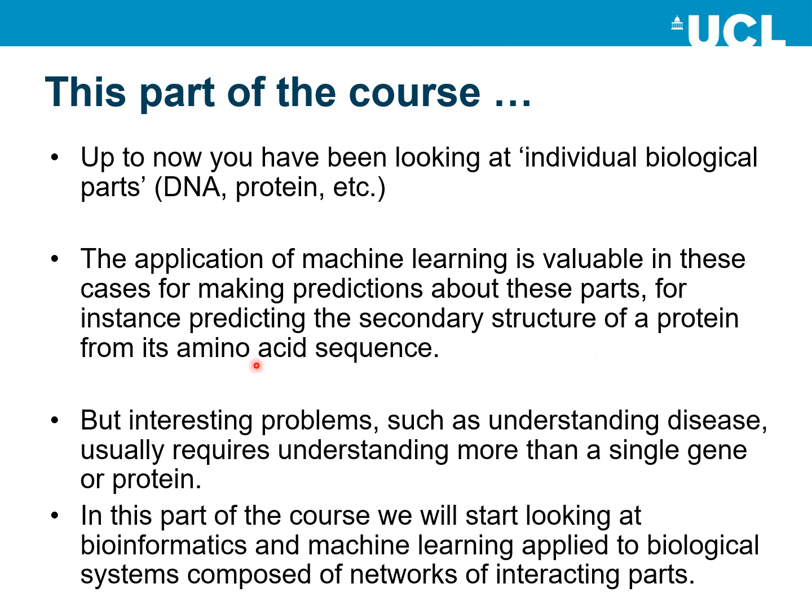For instance, in the last few lectures, he's explained how CyPred works, which takes the amino acid sequence of a protein and can predict its secondary structure. It can predict which parts of the protein go into alpha helical structures, beta sheets, and coil structures.